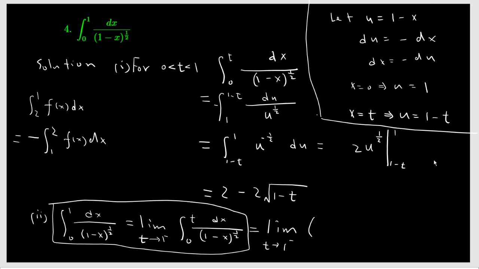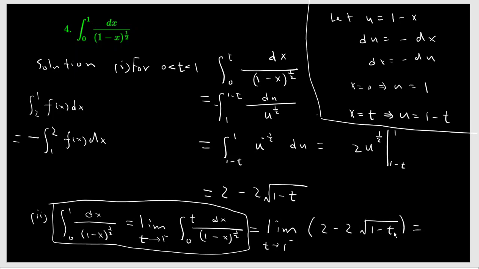The answer to step 1 is 2 minus 2 square root of 1 minus t, right? This limit is simple to compute. You just realize the function is an elementary function, so this time the function of t is defined at 1. You just plug 1 into the function, you have the answer, right?